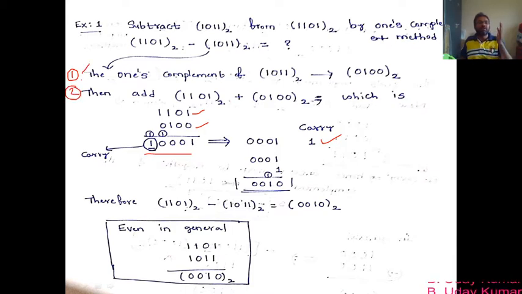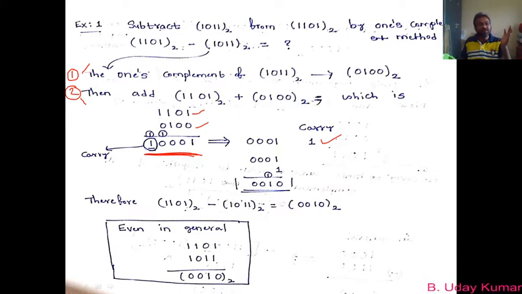We have just written the ones complement of the binary number which is getting subtracted, and second is adding that ones complement to the binary number from which you actually have to subtract. After adding, based on the number of digits that we are getting here, we can say whether the answer is positive or negative.